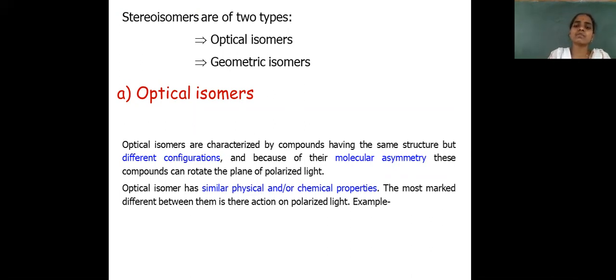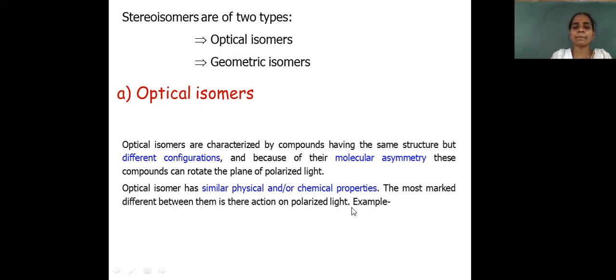Optical isomers are compounds which have the same structure but differ in their configuration, and this is applicable to asymmetric molecules. These are the isomers which rotate plane polarized light, and they have similar or identical physical and chemical properties, but differ in their action.